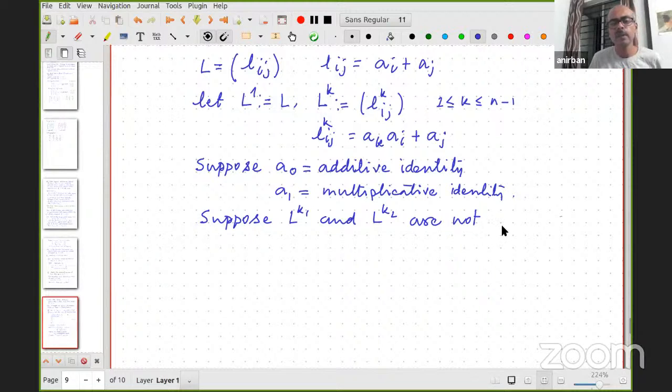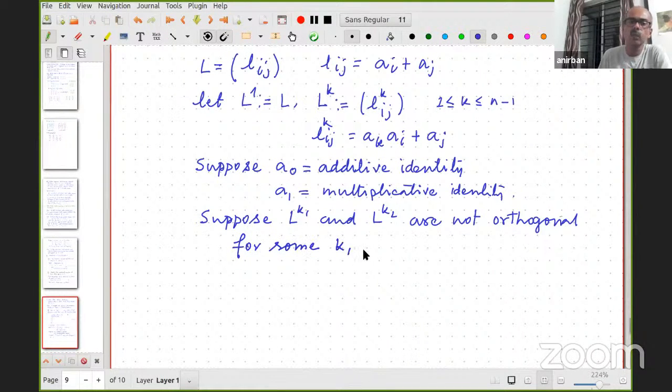Therefore, for some k1, k2 in this range, n minus 1.